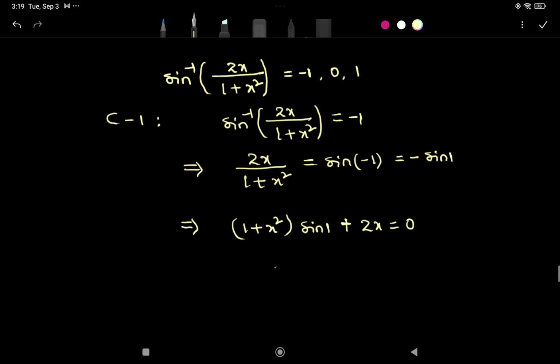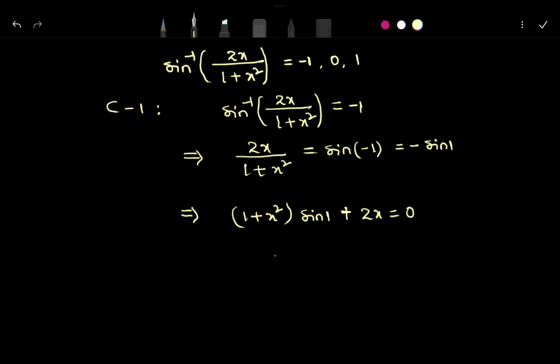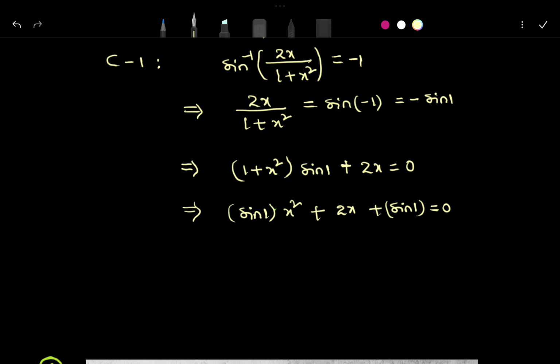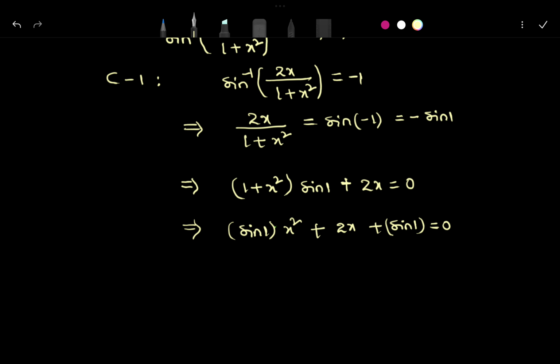So this implies sine 1 into x square plus 2 into x plus sine 1 is equal to 0. Clearly this is a quadratic form.